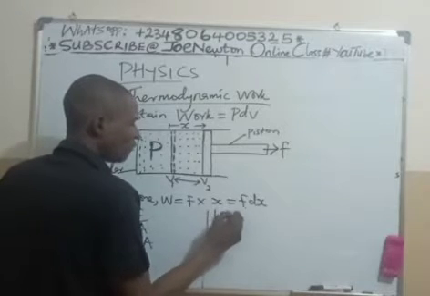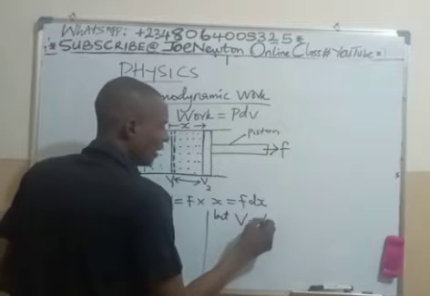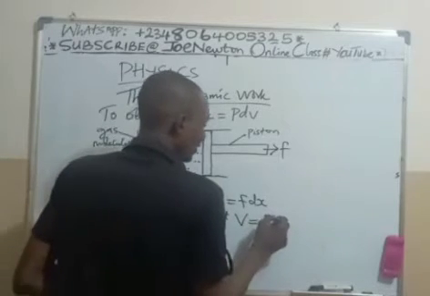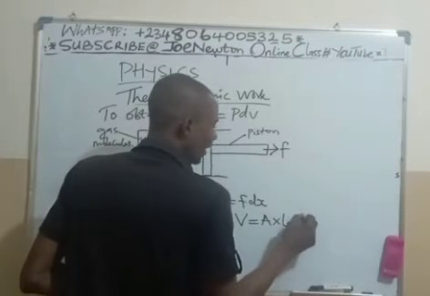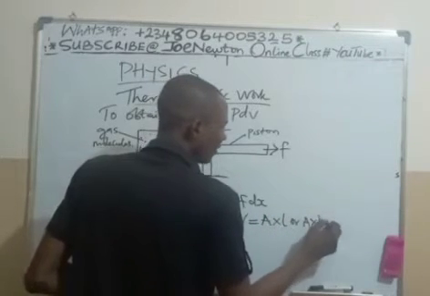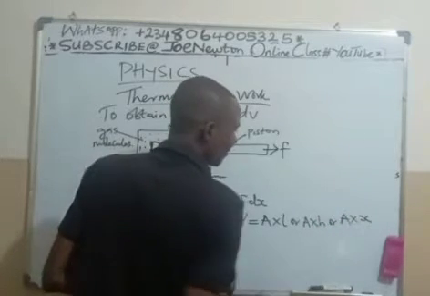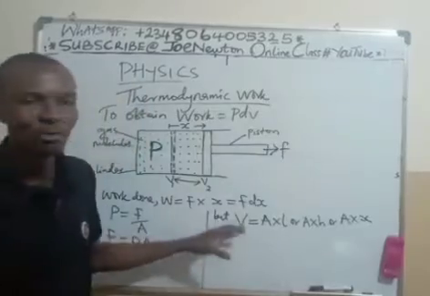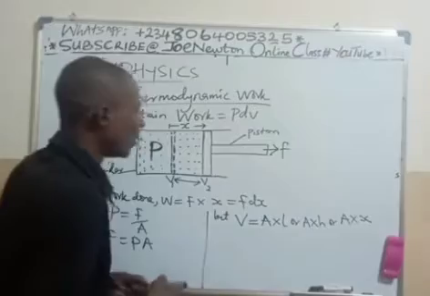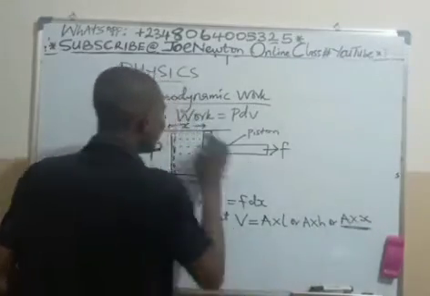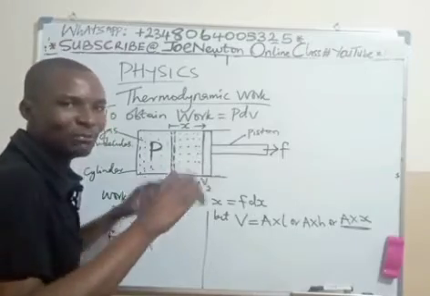Then, since force is equal to pressure times area, we recall that volume is equal to area times length, or area times height, or area times distance. That will give you what? Volume, depending on the dimension or on the system you are talking about. Now, in our case here, we use x for distance in the change in volume.